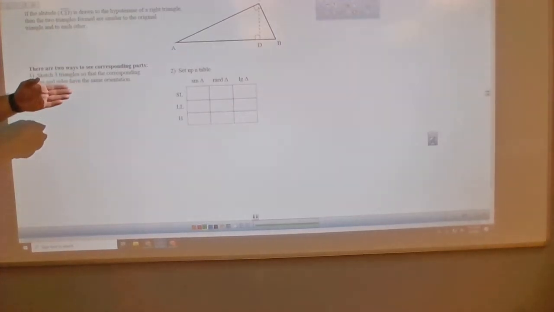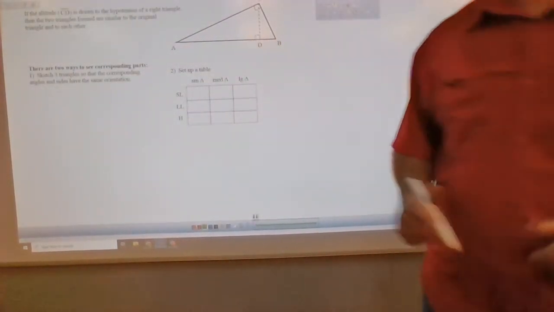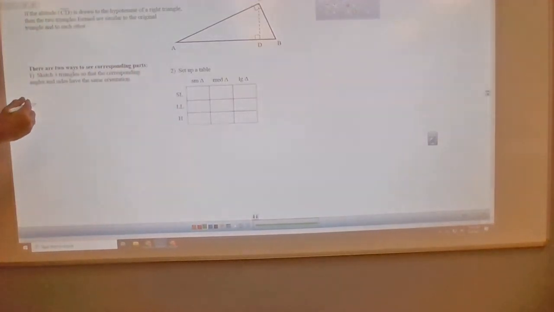The big one, the medium one, and the small one. So draw three triangles first of all. A big, medium, and a small. Right here, just draw three.